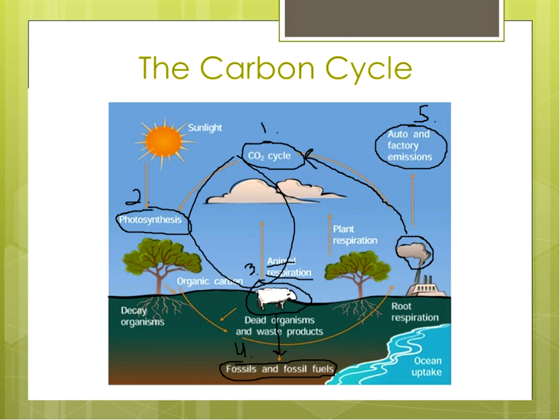If anybody's ever heard of that before, it's directly because of burning too many fossil fuels. The good news is the majority of scientists recognize this, and we're making small steps: more solar power, more wind power, to kind of negate this extra carbon that we're burning. The carbon cycle is a very normal cycle on Earth, but if we add to it, it could be detrimental as well. So that's the carbon cycle.